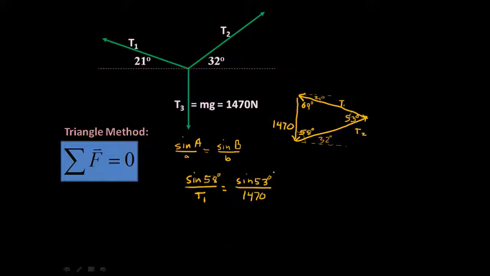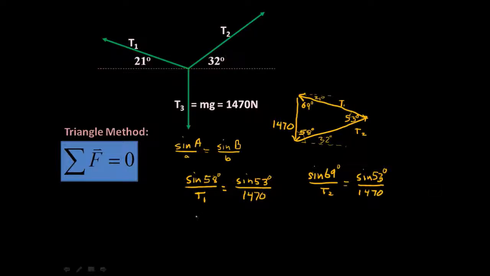Okay, you back? Here's the equation you might use to find T2. The angle opposite T2 is 69 degrees, so we can write that the sine of 69 degrees over T2 is equal to the sine of 53 degrees over 1470. And then it's just a matter of setting up and solving proportions.